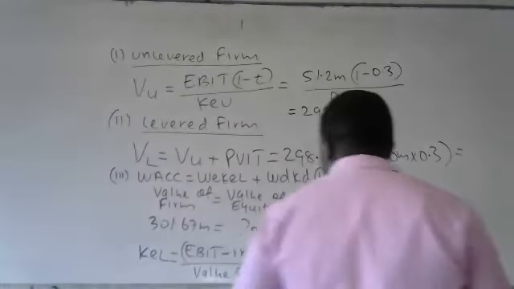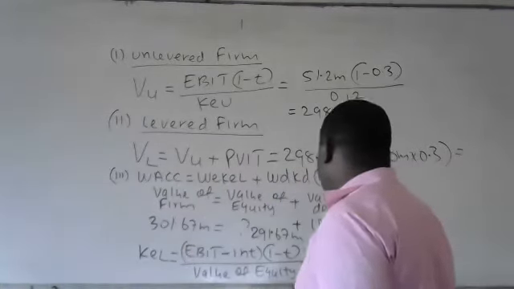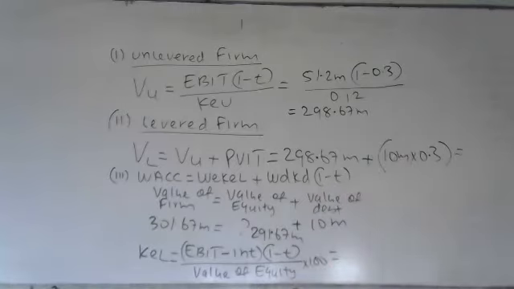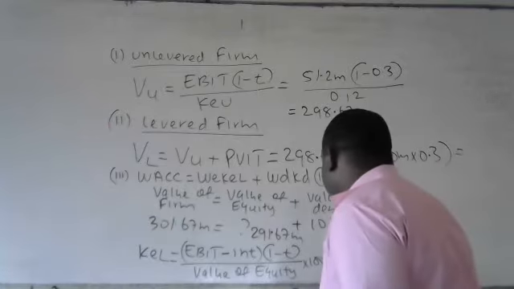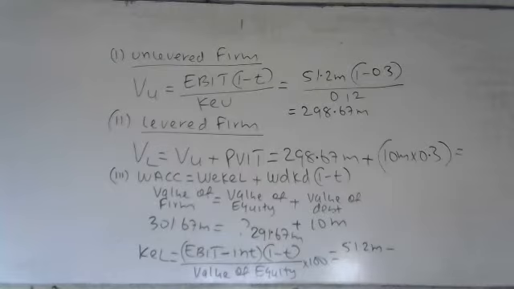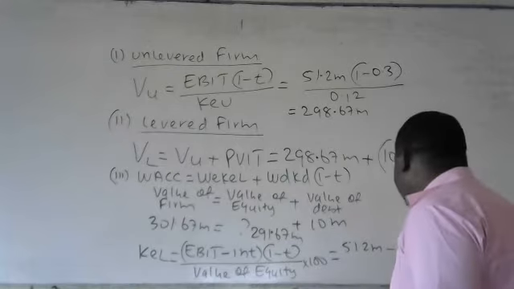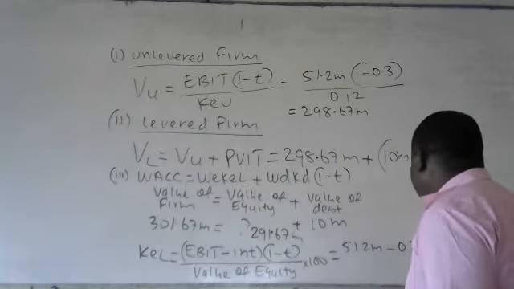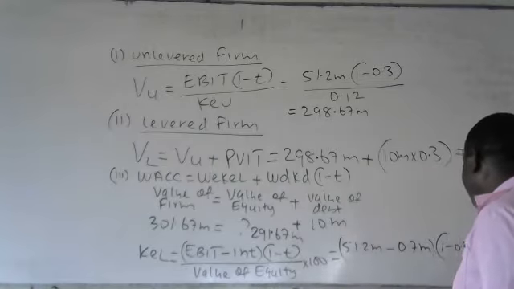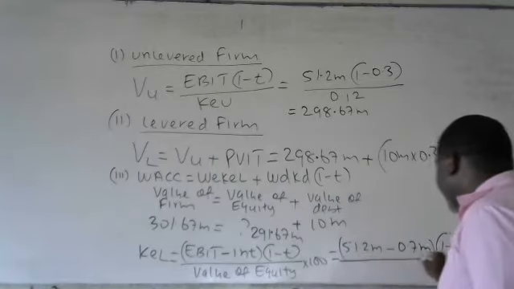So, earnings before interest and tax, we already had it. You remember it was 51.2 million. Then you subtract interest. Interest, you remember it was how much? 0.7 million. Then there is 1 minus 0.3, because now there is tax.